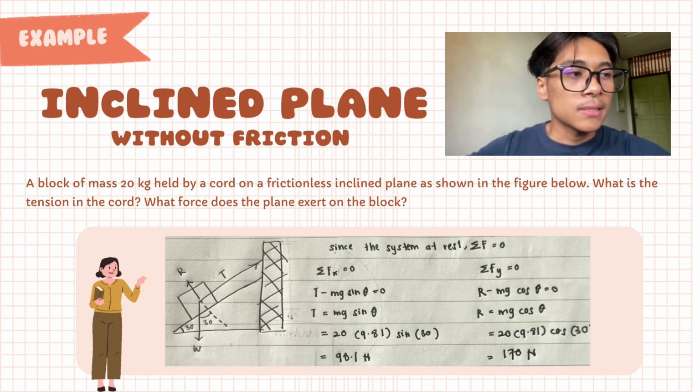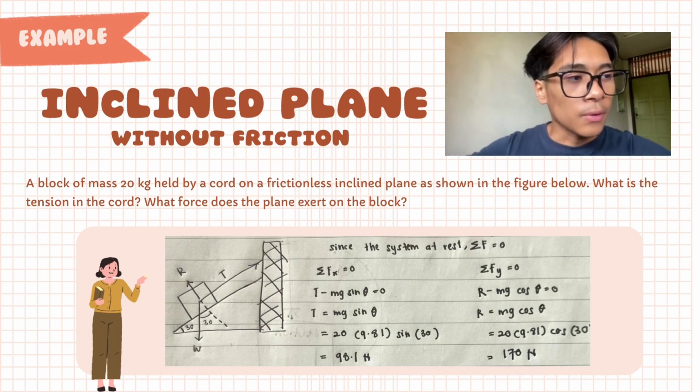Since the system is at rest, the sum of F is equal to 0. So the sum of Fx is equal to 0, and then the pulling force T minus mg sin theta is equal to 0. So T equals mg sin theta, and then you just insert the value and we will get 98.1 Newton.